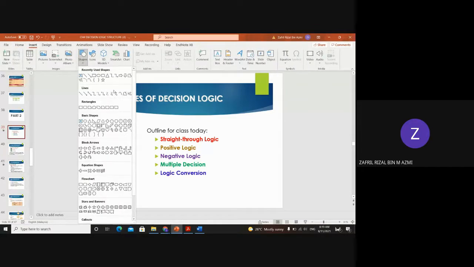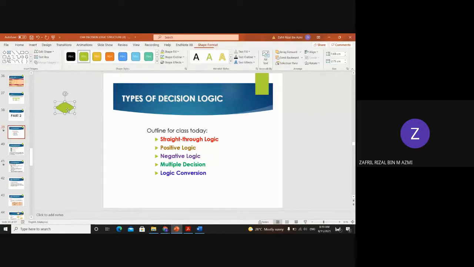So it will involve more than one symbol. But the one that we used last week is the positive logic, so actually we have already covered this positive logic. This is not multiple decision, this is nested decision.